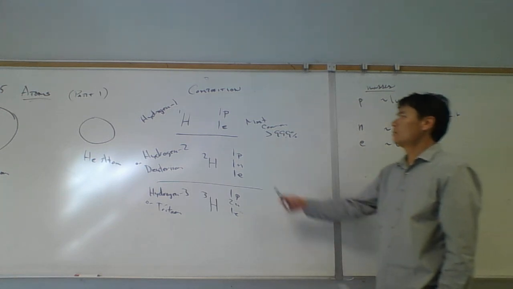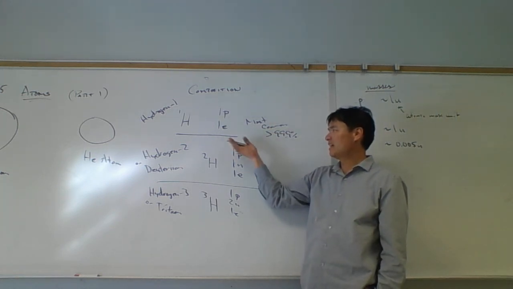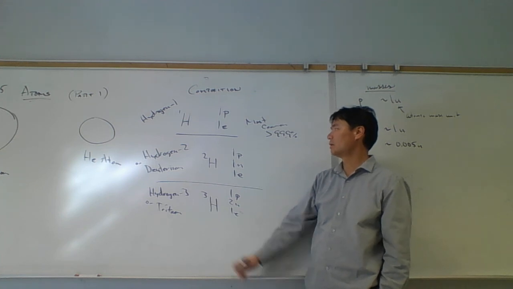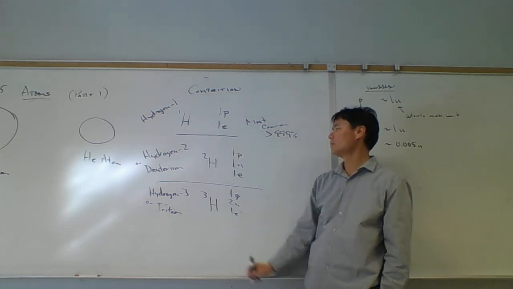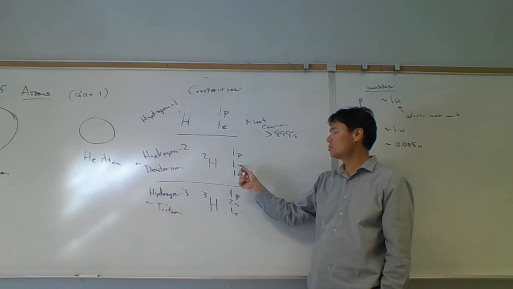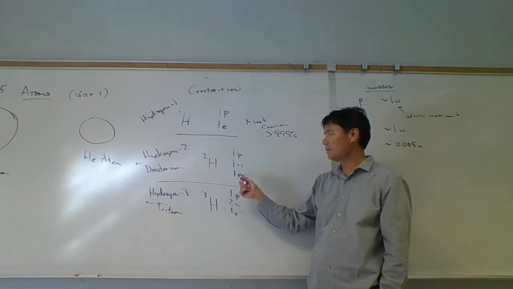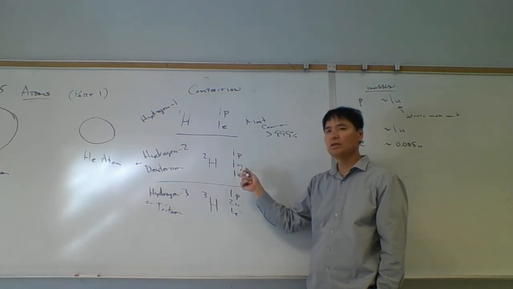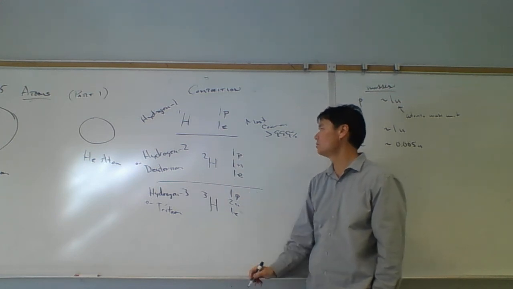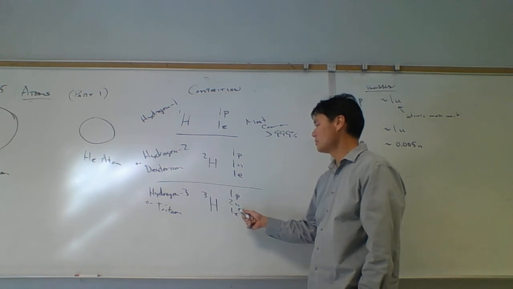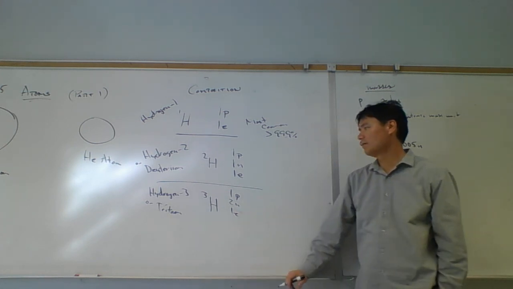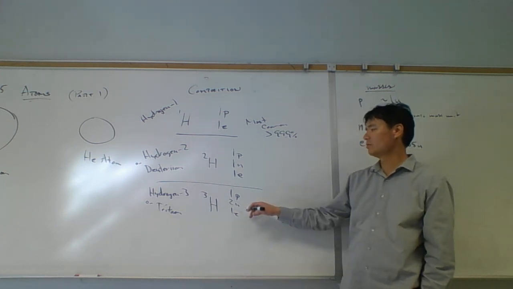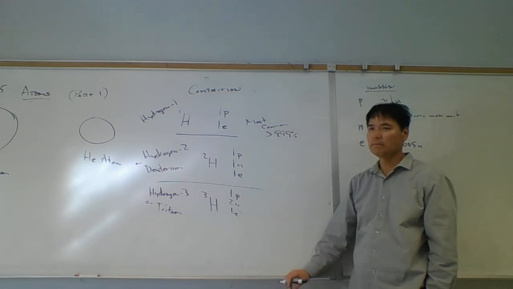So this has one proton. The electron's mass is somewhat negligible, so a lot of people ignore it. And so this weighs about 1 U. Now this one has one proton, one neutron, and an electron. The electron's going to add a little bit, but not much. The proton and neutron add up to about 2 U, so hydrogen 2 weighs about 2 U. And then hydrogen 3 weighs about 3 U. So hydrogen 3 is 3 times as heavy as hydrogen 1.